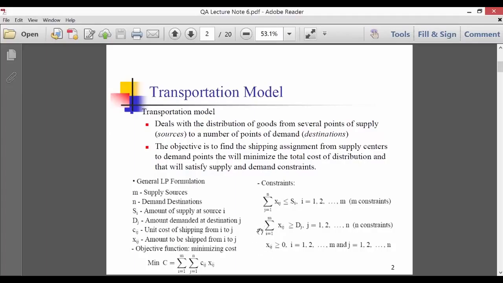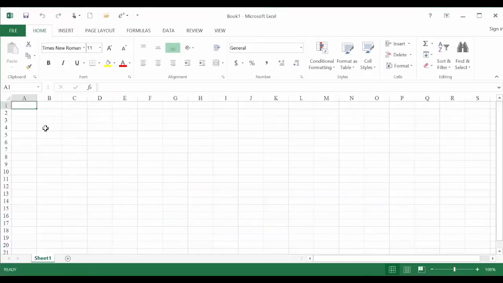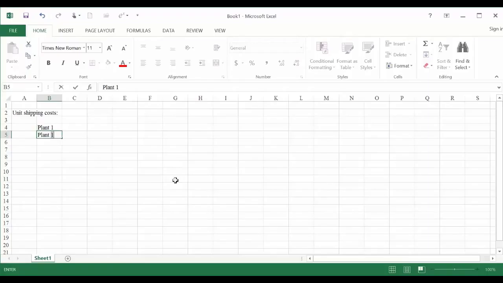After we specify this model in Excel, for the transportation model it's better for us to set it up in the regular matrix format. With the information given, first of all we have the unit shipping cost information. So we have plant 1.